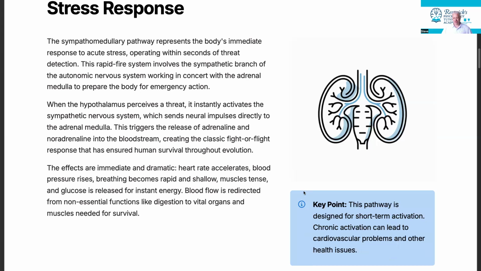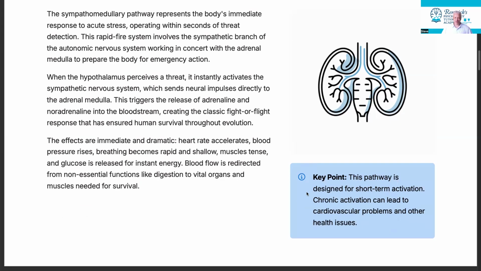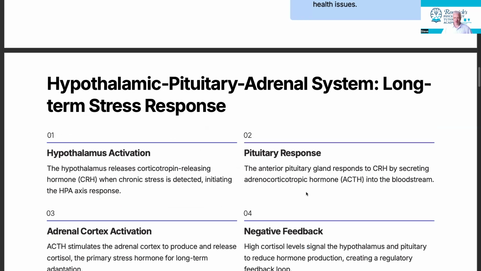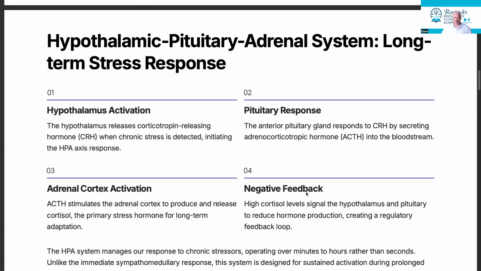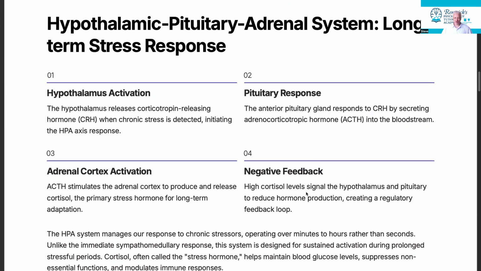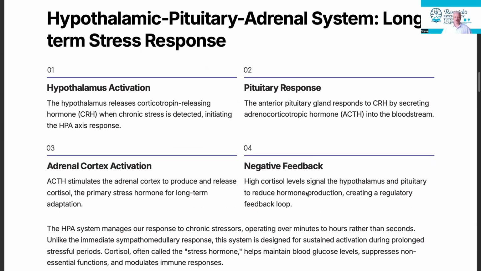If the stress is longer, chronic stress, that's a different system called the HPA system, which is the hypothalamic pituitary adrenal system, which is linked to long-term stress, or the HPA for short. So the HPA system is a bit different. So the hypothalamus is activated, and that releases CRH, corticotrophic releasing hormone.